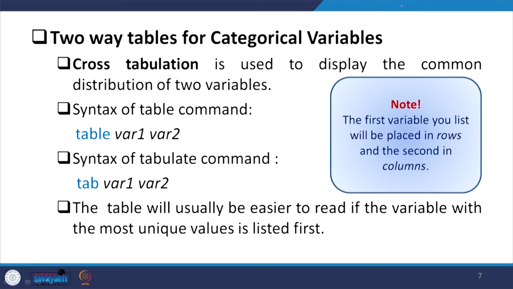More interesting for the researcher to understand is the two-way table. Often we are interested in finding a two-way table. How to get the two-way table? Let me give you an example for your interest. In this enterprise survey, we have information on gender, and we also have information on sector, that is, rural and urban.